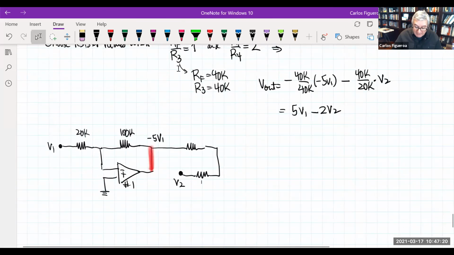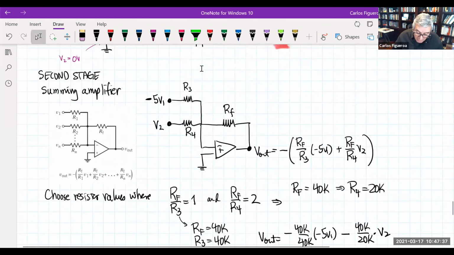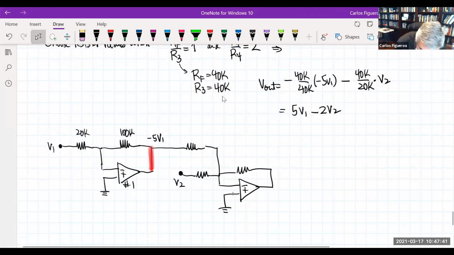And so when I'm looking at this guy here, this guy then has my second op amp, which is connected to ground. And then I have a feedback resistor that looks like this. So what we said here is that I named the R3 and the feedback to 40. So I know that this is 40K, this is 40K, and the one for the other one is 20K.